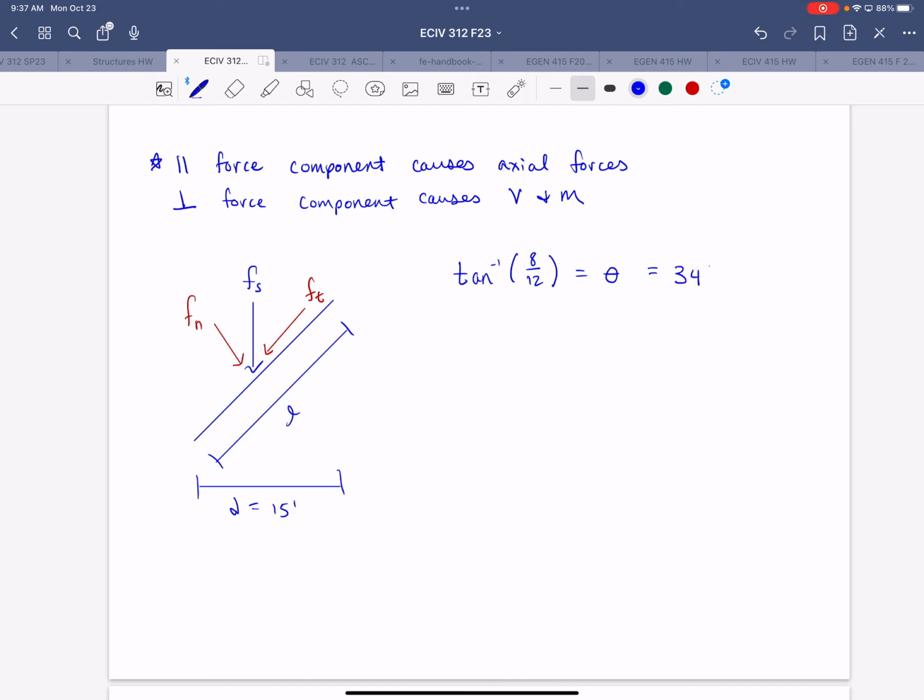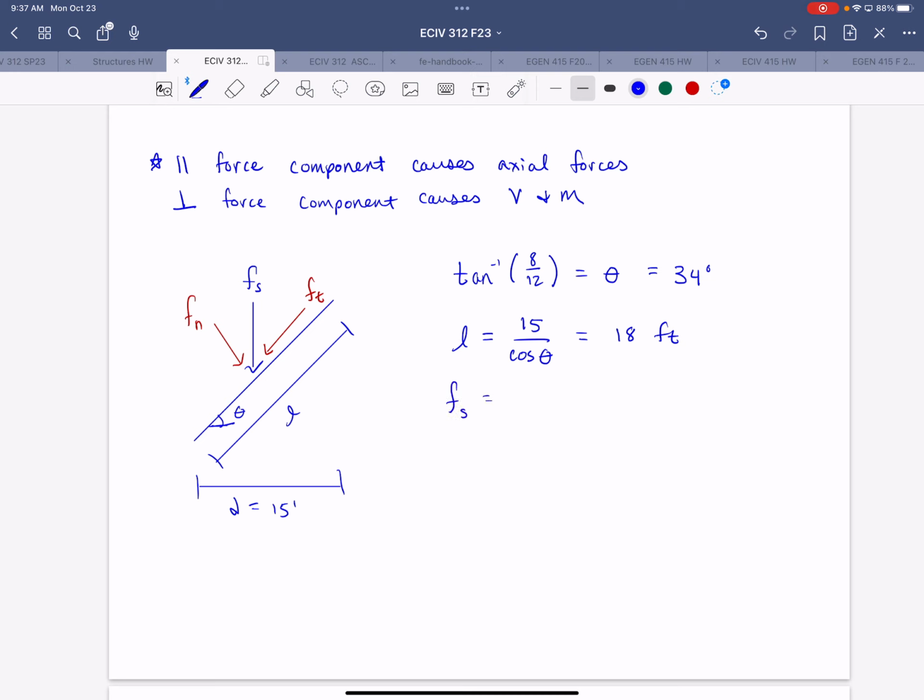It would be 34 degrees. So we can calculate the length then. Sorry, wrong number. The length would be 15, the span, divided by cosine theta, which is 18 feet.